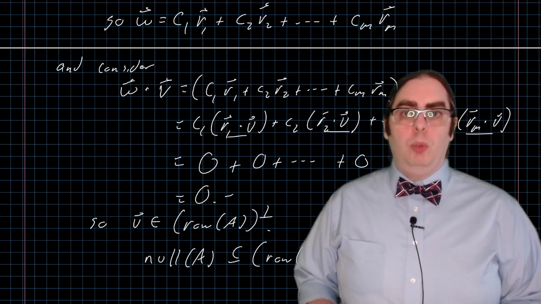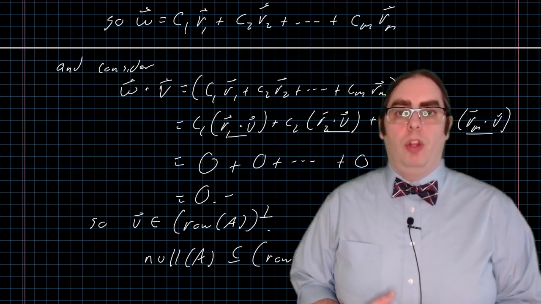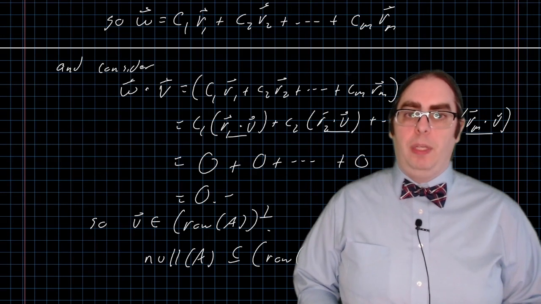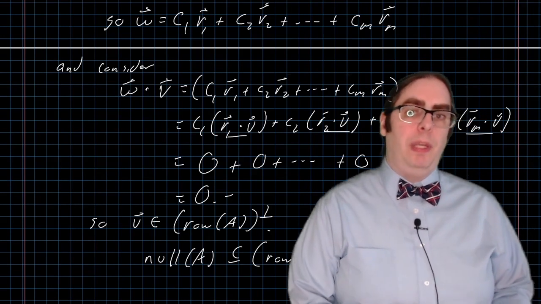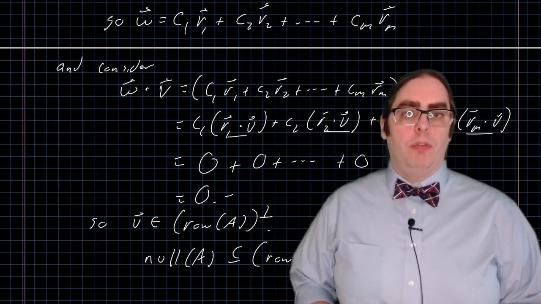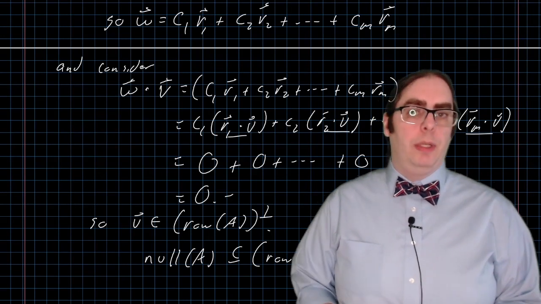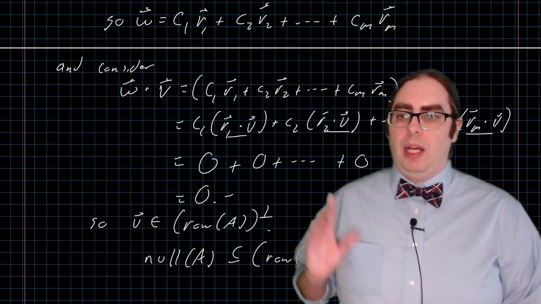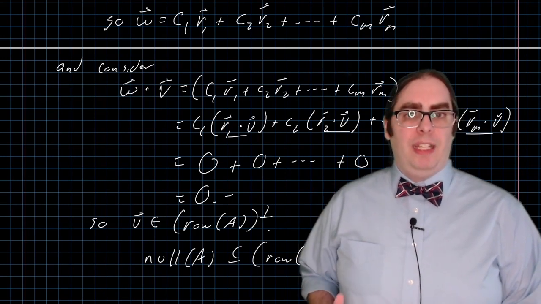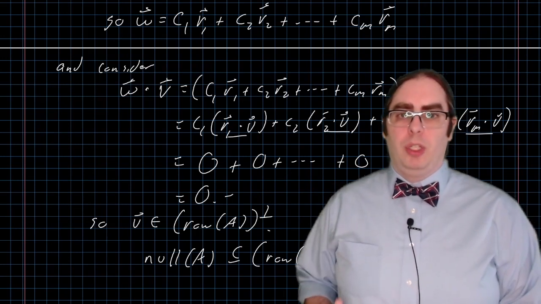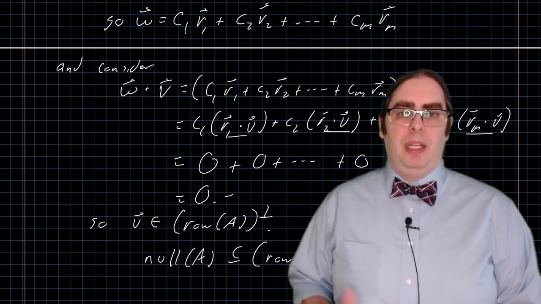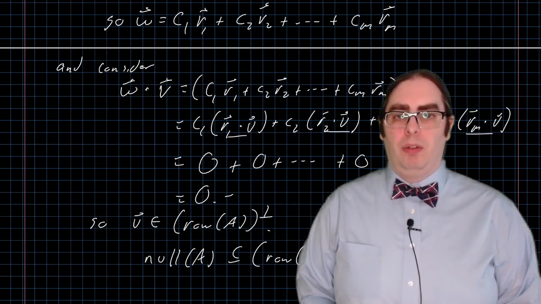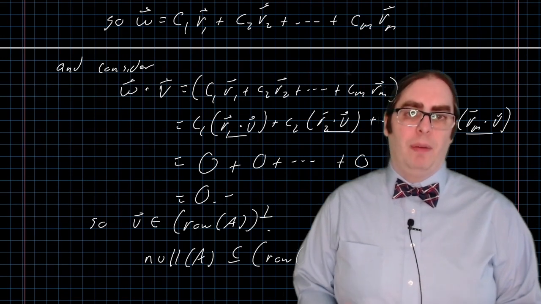For that reason, you will see the row space, the column space, the null space, and the null space of the transpose referred to as the four fundamental spaces of the matrix. We're not going to build on that in any way in this course, so I don't want to go into it in any depth, but it would be a significant omission if I didn't at least mention that somewhere.